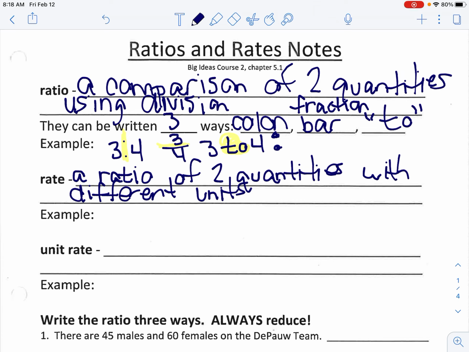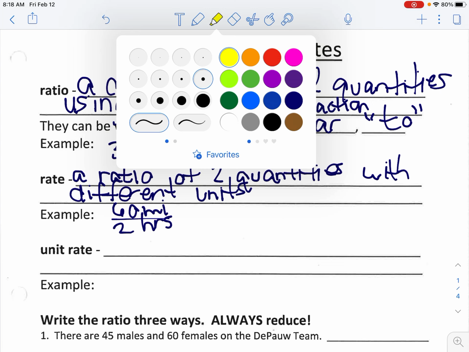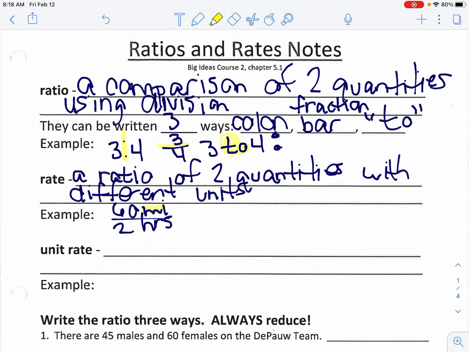An example of that would be 60 miles in 2 hours. So my first unit is miles, and my second unit is hours. So the two units within the same rate are going to be different. Another example would be 20 miles in 4 minutes. My different units here are miles and minutes.